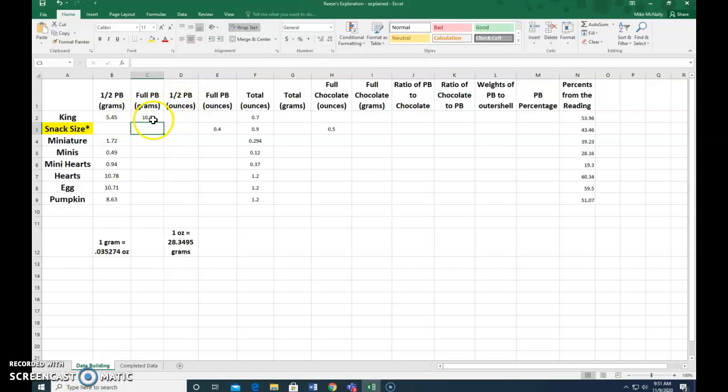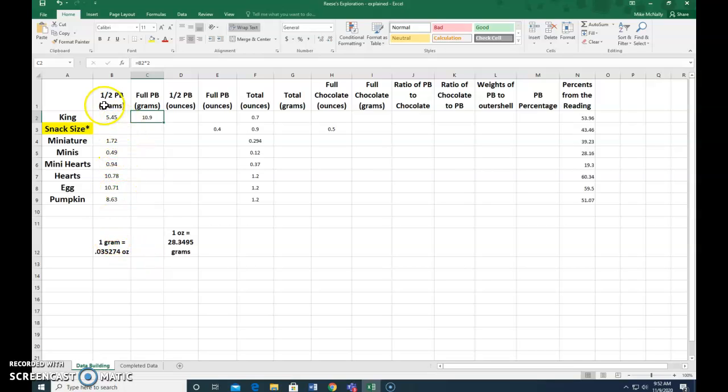Well, what about how many ounces would half the peanut butter have? Well, half of the peanut butter in grams was 5.45. So, in ounces, it turns out that 1 ounce equals 28.45 grams, and 1 gram equals 0.035274 ounces.